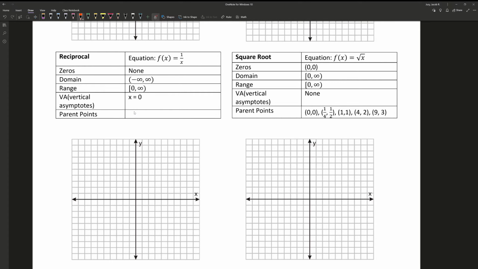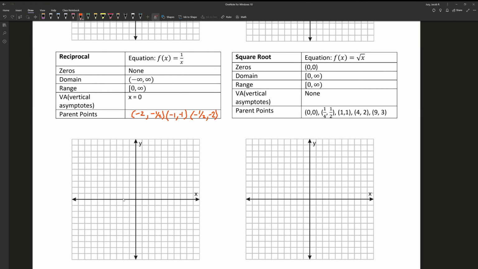So we're going to know -2, -1/2, -1, -1, and then -1/2, -2.